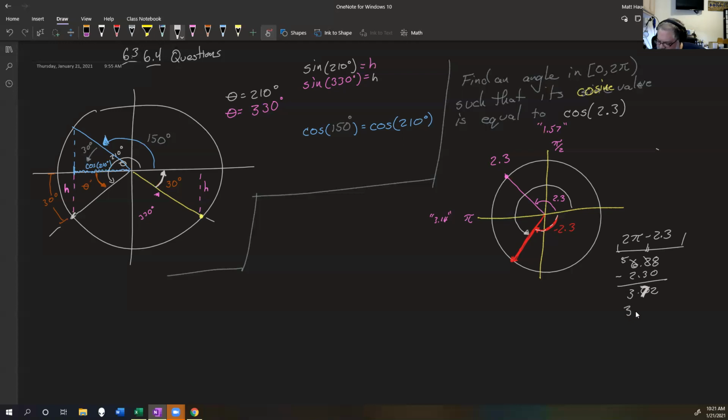Is that better? 3.72. So that other angle is 3.72 radians.